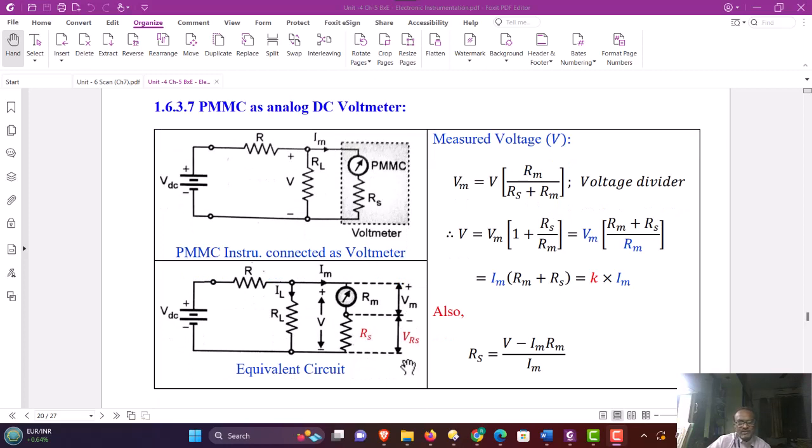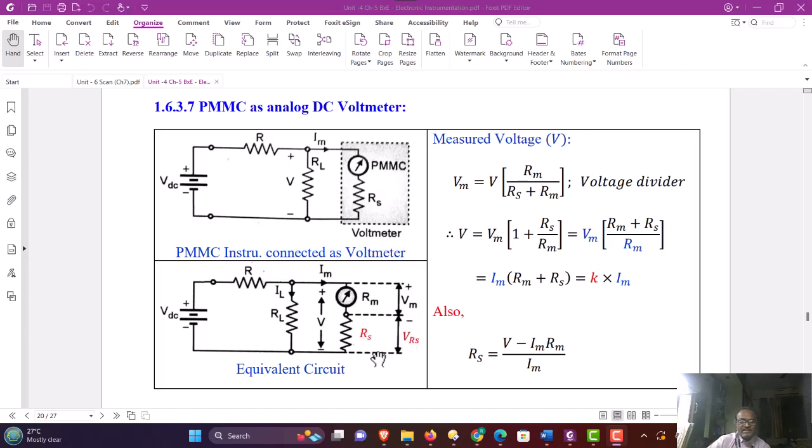Now in this instrument, the voltage drop across the meter resistance Rm is denoted by Vm, and the voltage drop across the resistance Rs is denoted by VRS. From this figure, using Kirchhoff's voltage law, we can easily find the total voltage V is equal to Vm plus VRS.